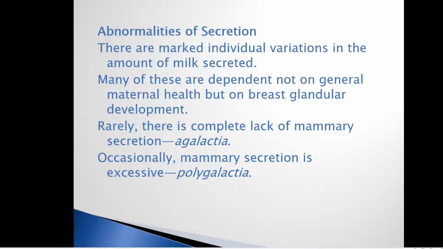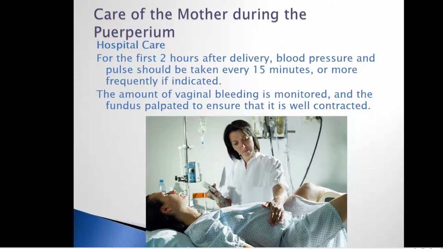In this situation, we try to find why it happened, especially agalactia, and try to treat this condition. In case of polygalactia, we must evacuate milk from the mammary gland by pump. And of course, present special care for the mother during puerperium.